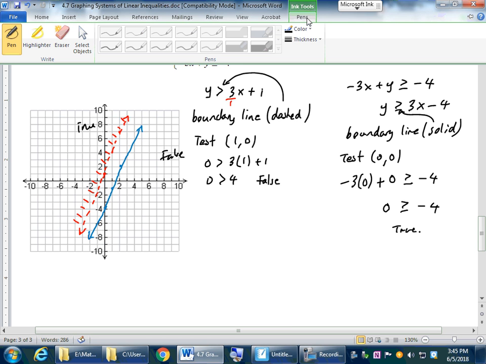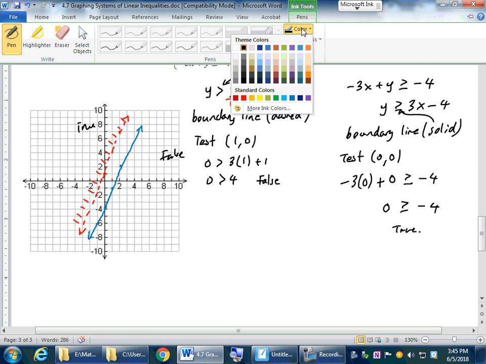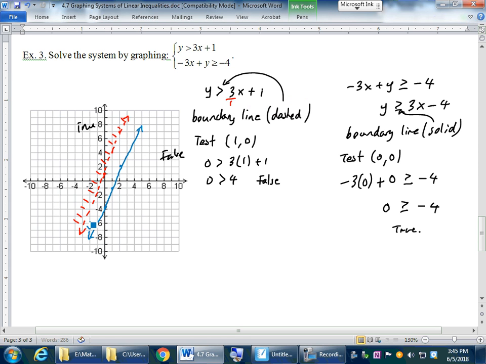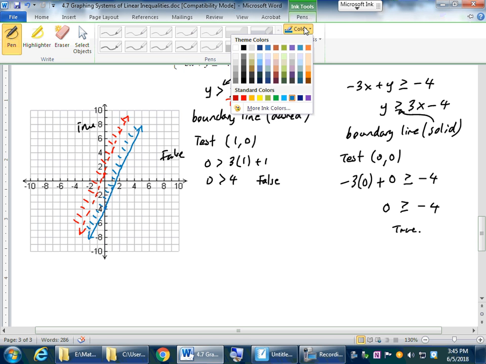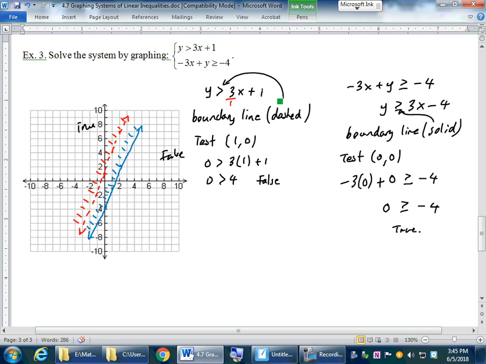So I will be shading on this side, everything on this side. So basically the region that overlaps will be everything on the left hand side of the red graph. So these will be the solutions for us in this case. Okay, and that will conclude this section.